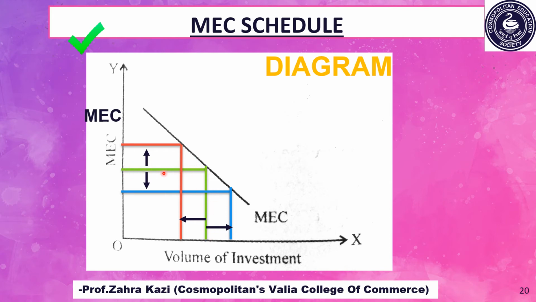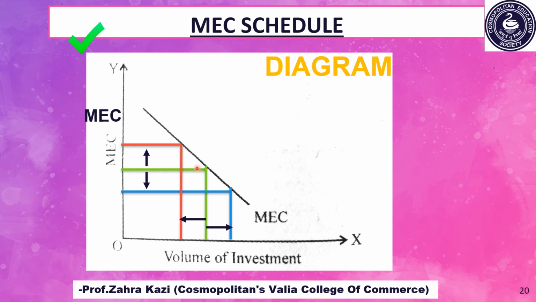The horizontal green line denotes MEC and the vertical green line denotes the level of investment.